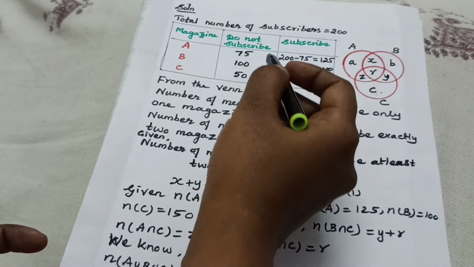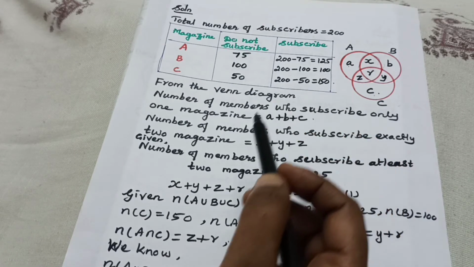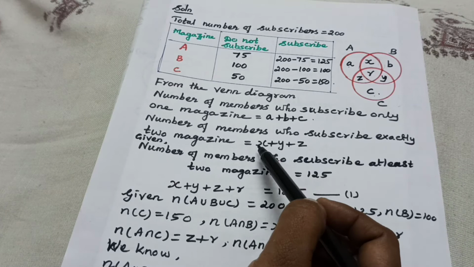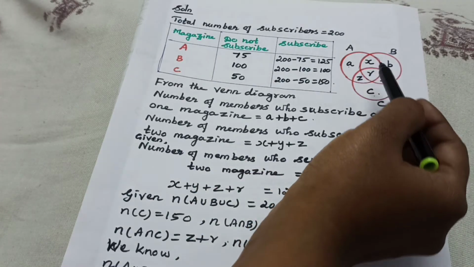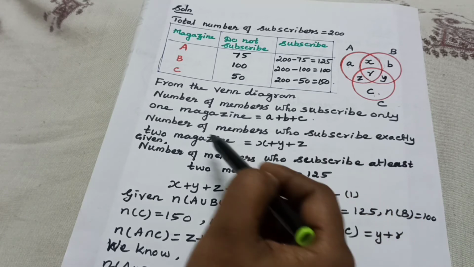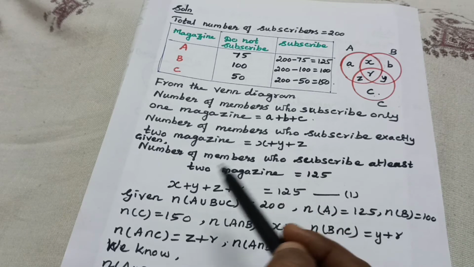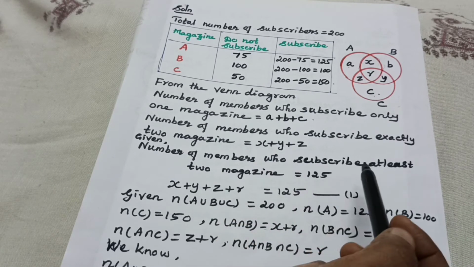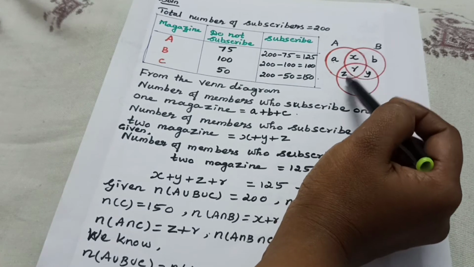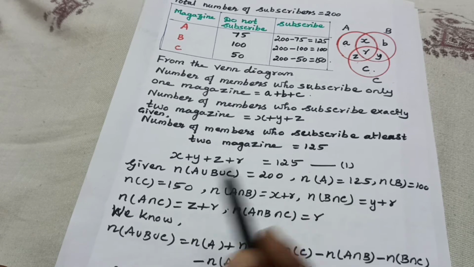First, those who do not subscribe is given. Then we have to find subscribers, how many of them. And then afterwards, only one magazine, A plus B plus C, you should take it. And then two magazines, how many of them using, exactly 2, X plus Y plus Z. Okay, the number of members who subscribe at least 2, that means 3 also, 2 and then 3 also will come. Okay, that is given.